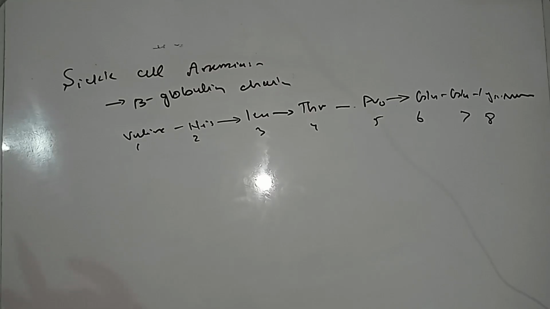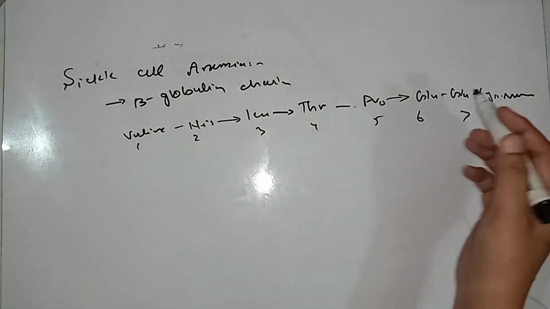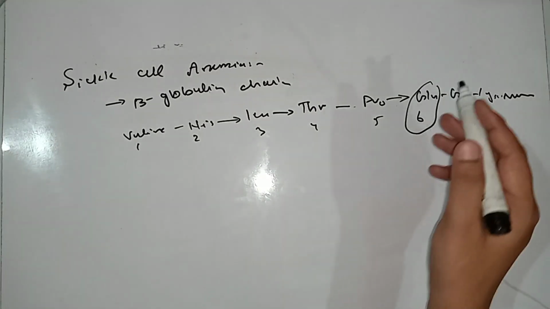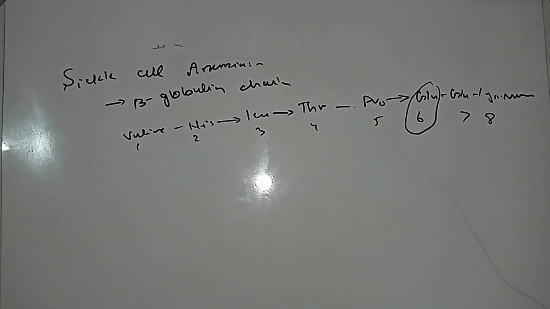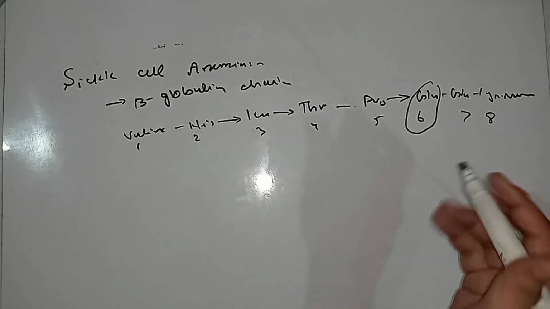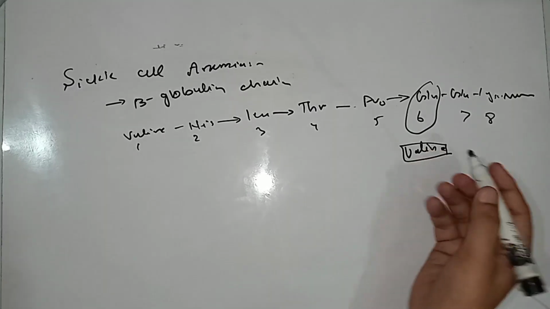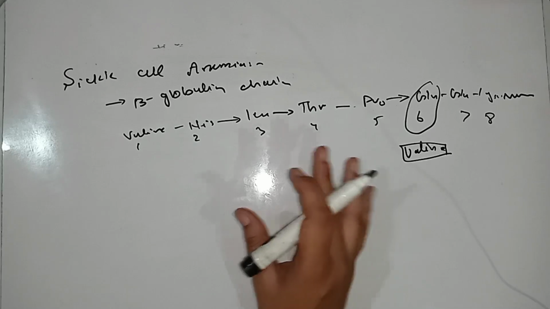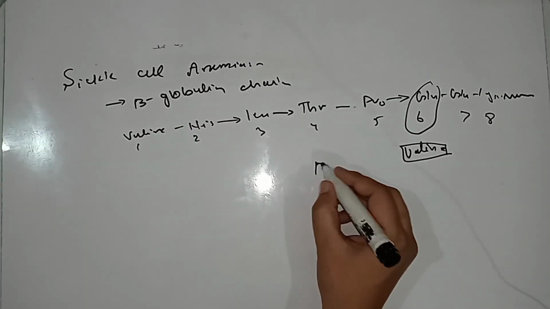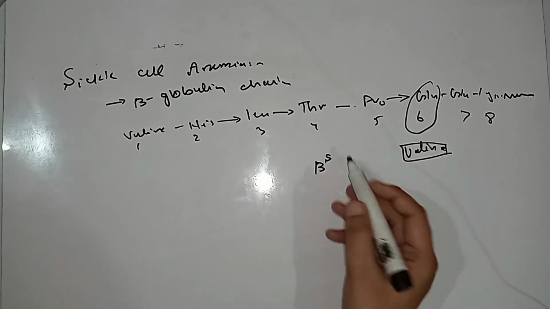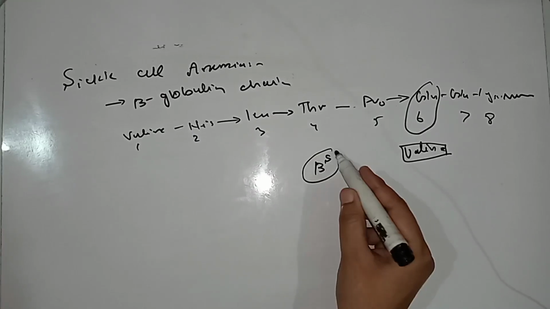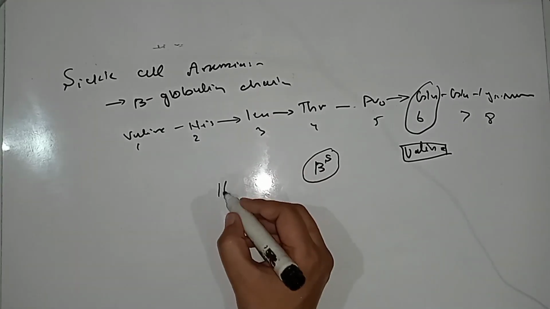So what happens in sickle cell disease? The glutamate at the 6th position is replaced by valine. When it is replaced by valine, the beta chain formed is called beta S, and if the hemoglobin has both chains of beta S, then that hemoglobin is called HbS.